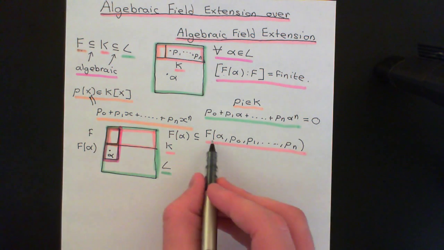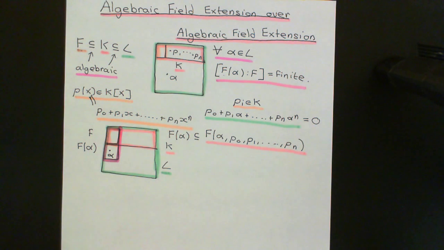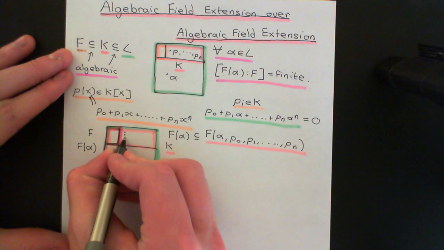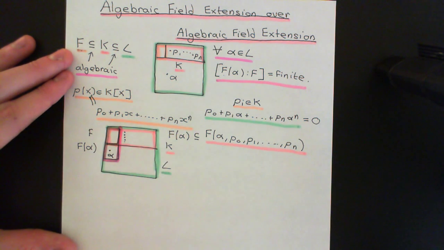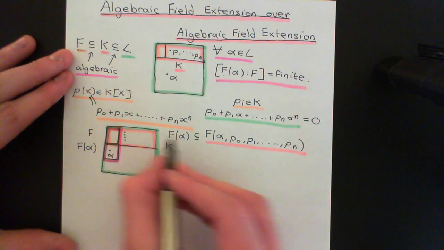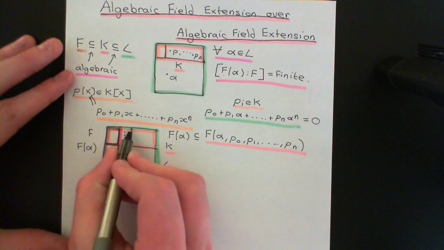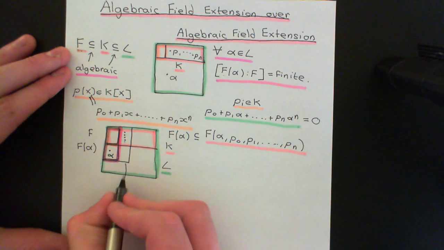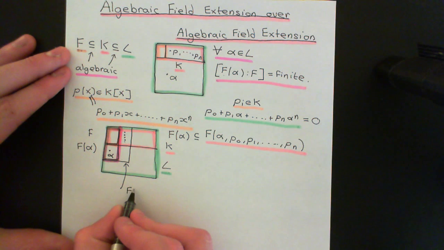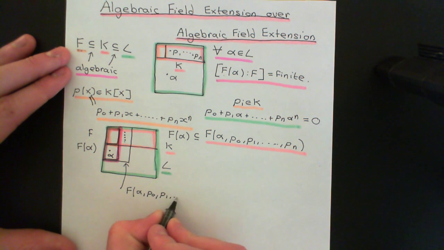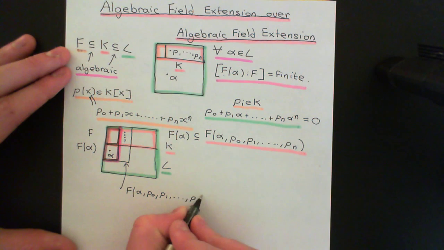Now what we're considering is this even bigger thing, the field extension of F generated by alpha, p0, p1, all the way up to pn. Now all of those elements are elements of K, and I'm going to put them all in a nice line there. So you might now consider this even bigger thing as looking like this box here. So we'll let this box be the field extension of F generated by alpha, p0, p1, all the way up to pn.